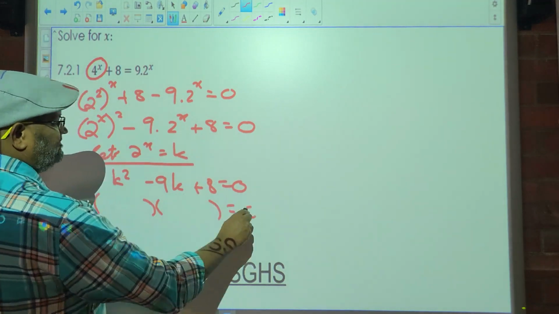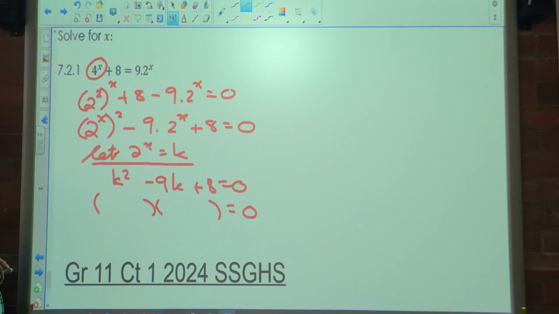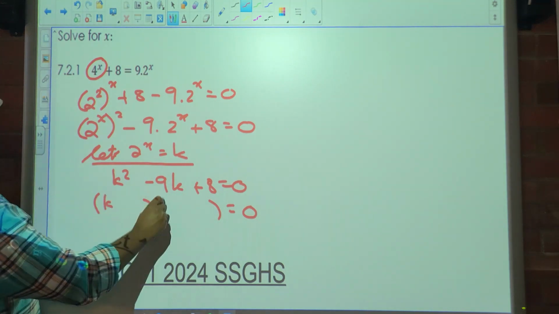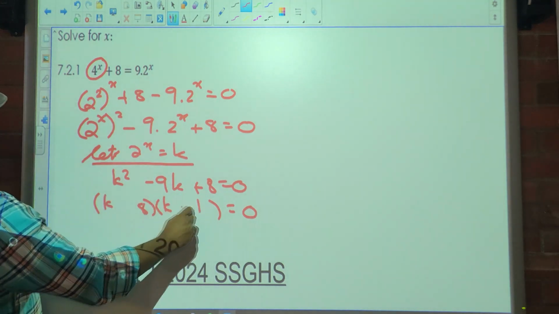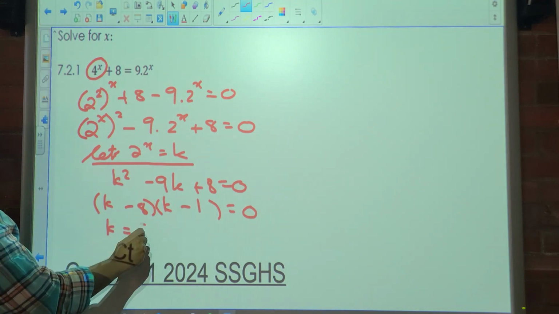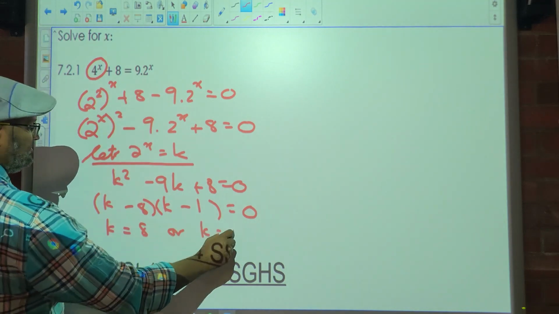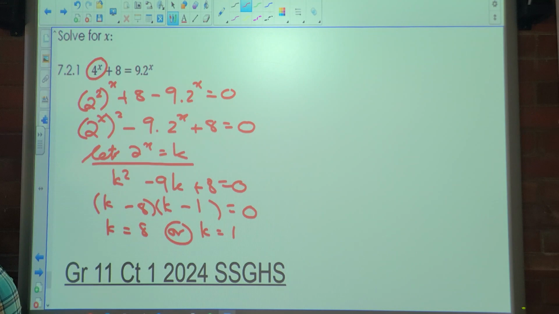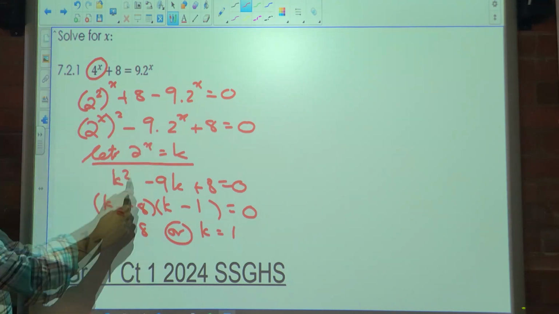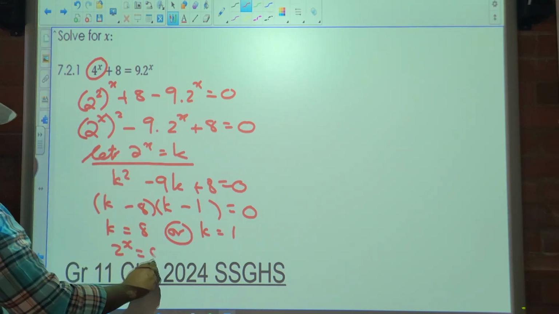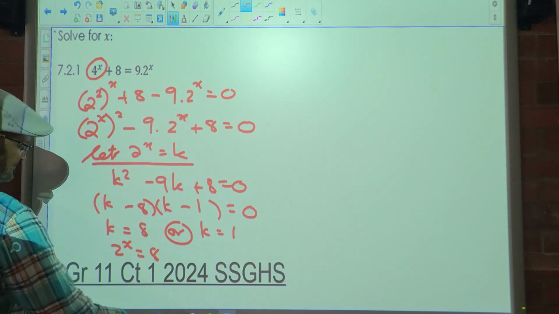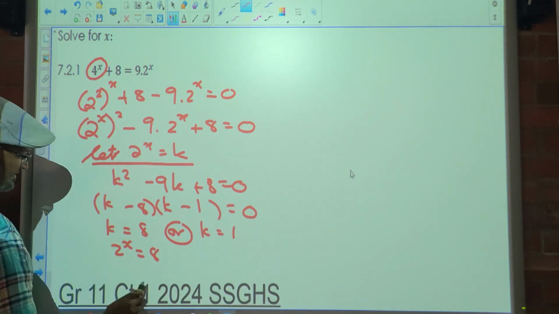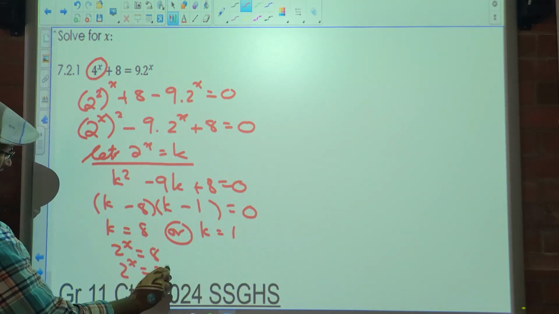Trinomial, we could use the formula. So I got k and k, 8 and 1, both negative. So k is equal to 8 or k is equal to 1. So what is k? 2 to the x. So 2 to the x equals 8. But 8 can be written as 2 cubed.